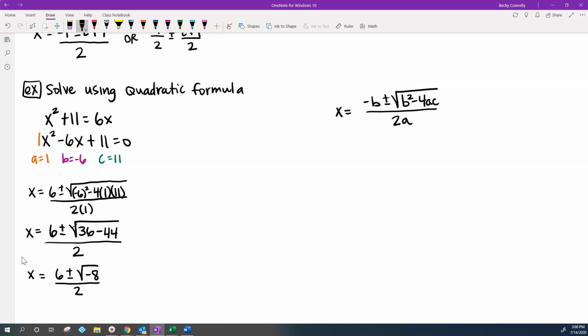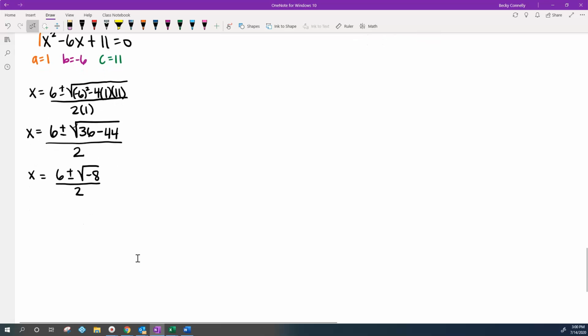Then we can simplify, make sure that we simplify that radical more here. So make sure that on this next step you're with me. So 6 plus or minus, well, we see that there's a negative, so we know an I is going to come out. But we also, with the 8, if we do the factor tree on it, it's 2 times 2 times 2.